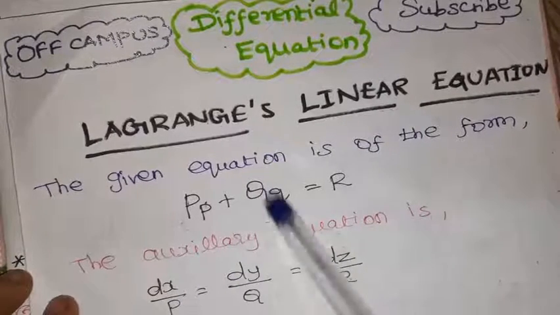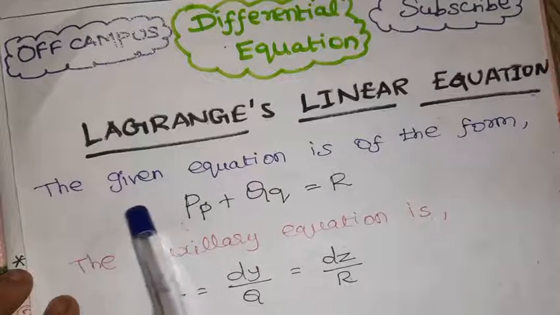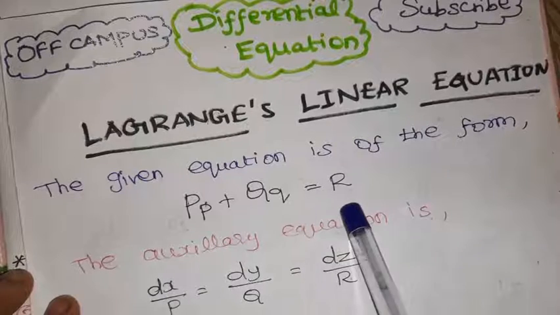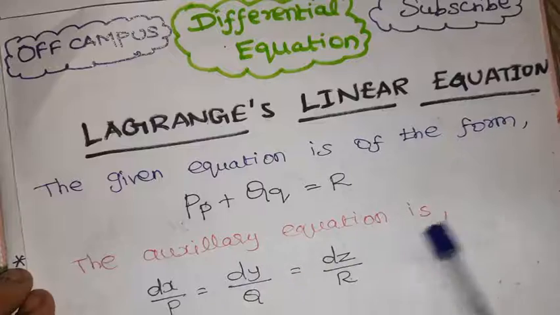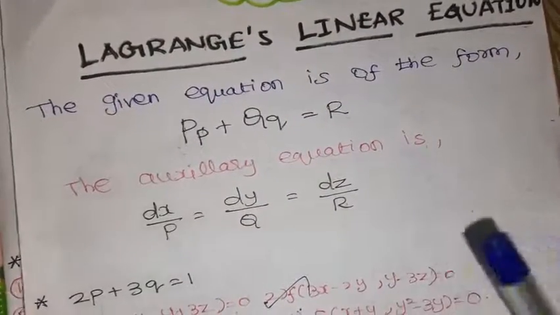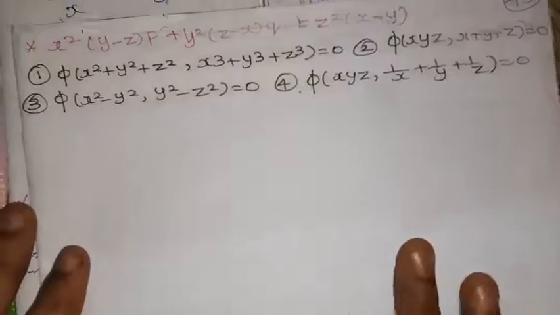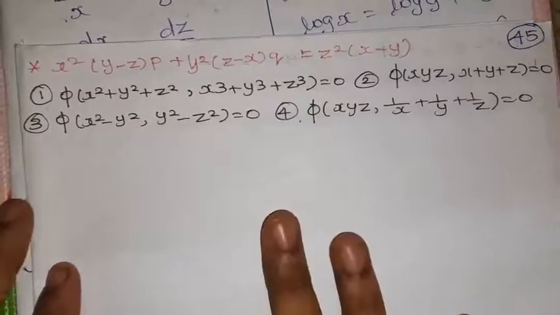Before going into the video, let's have a quick revision. What is Lagrange's linear equation? If the equation given is of the form Pp plus Qq equal to R, the auxiliary equation is dx by P equal to dy by Q equal to dz by R. Then we will see how to proceed with the rest of the problem and find the general solution.